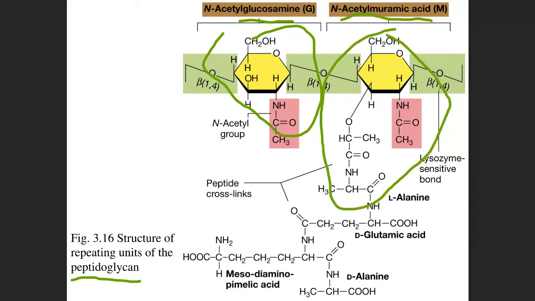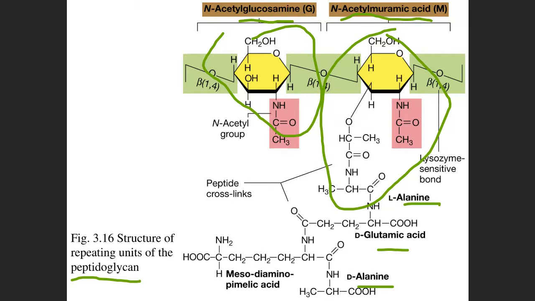And that's it. It just goes G and N repeating. And then they use side chains to have alanine, glutamic acid, alanine, and mesodiaminopimelic acid, another molecule.